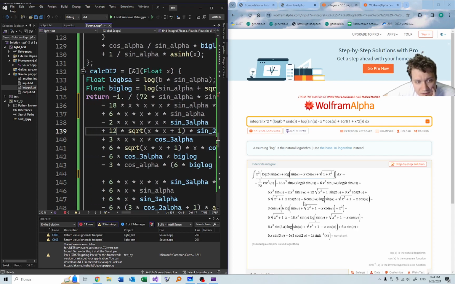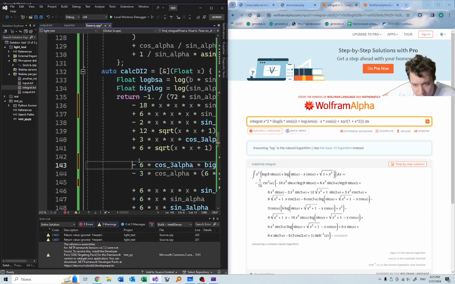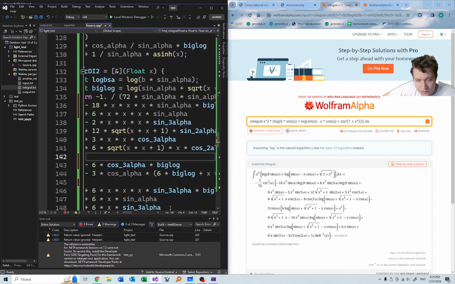Minus 6, so here it changes. For some reason it is minus 6. It doesn't change.